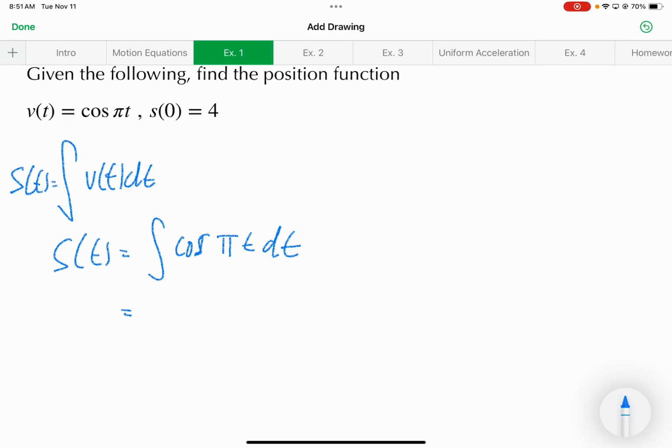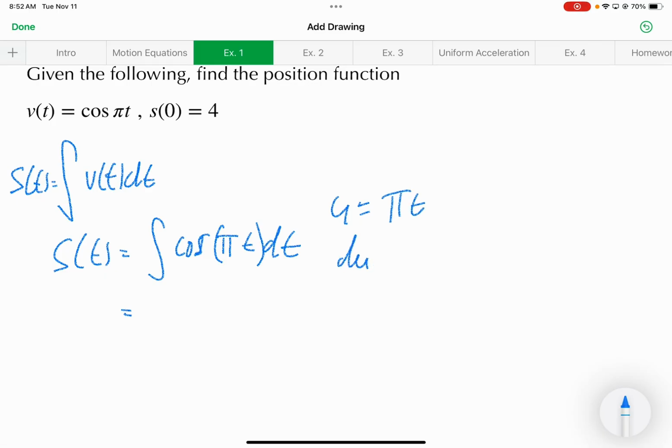How do I take the antiderivative of this? Negative sine pi t, something like that. No, not negative, it's positive, but there's something else along with it. Plus C. More than that. Yes, but we call that u substitution integration. I've got to do a little u sub because u is pi t.